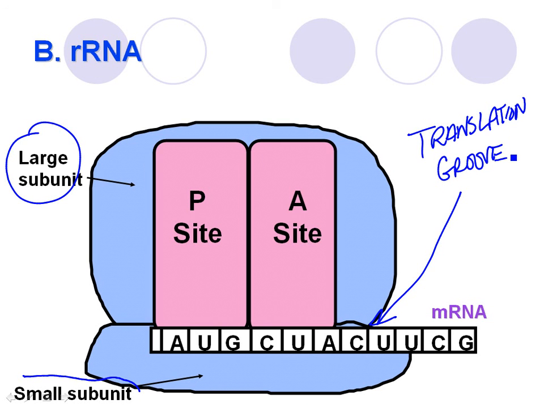You also notice that there are 2 sites on the ribosome. The P site is the site where the initial tRNA, which is going to initiate the process of translation, will be attached, so it'll bring in the first tRNA, which will be carrying our first amino acid, which will be methionine.